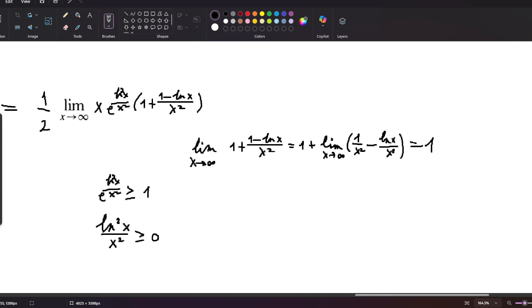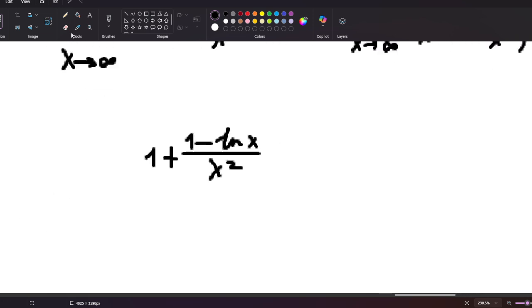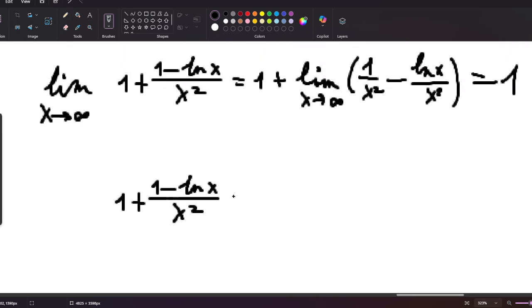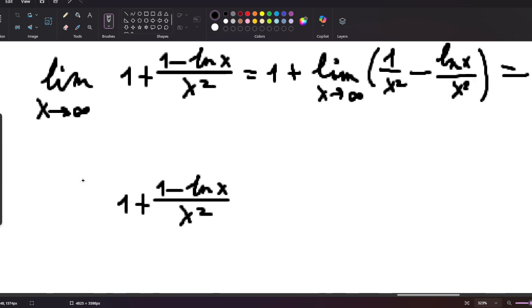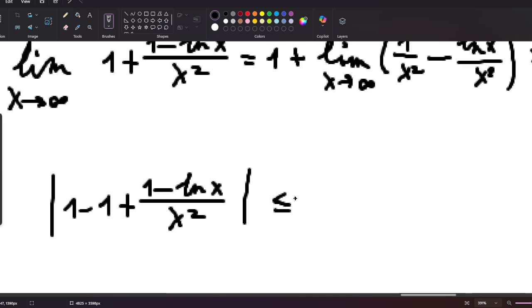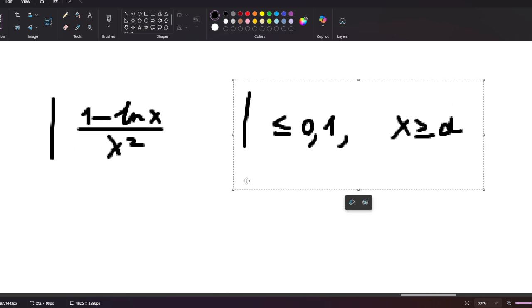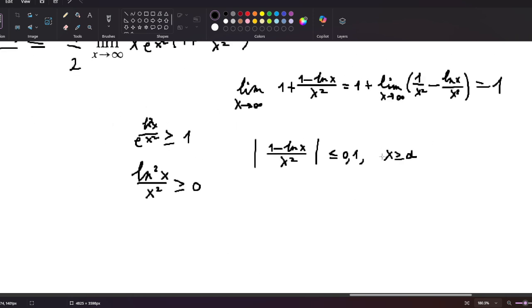So that means that if we take a sufficiently large value of x, this is going to be sufficiently close to 1. So 1 minus this is less than or equal to, for example, 0.1, given x is greater than or equal to some value a, which we know exists. Now let's get rid of this. Do you know what it means?